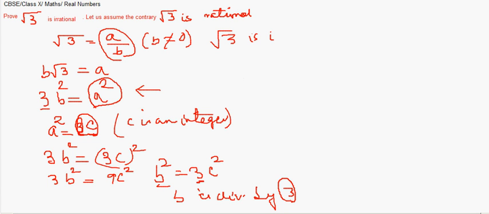I take up another question now. Okay, I write it here. LCM of two numbers is 45 times their HCF.